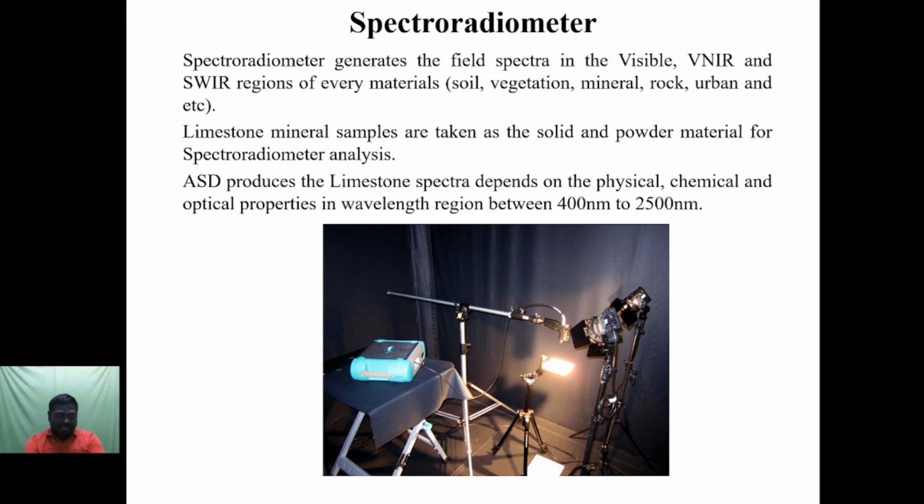In that range it gives various resolutions: 10 nanometer, 100 nanometer, 1 nanometer also. But we are taking 10 nanometer because our satellite imagery also has 10 nanometer intervals. If the instrument also has a 10 nanometer interval, it is better. Otherwise, we need to do spectral resampling also.